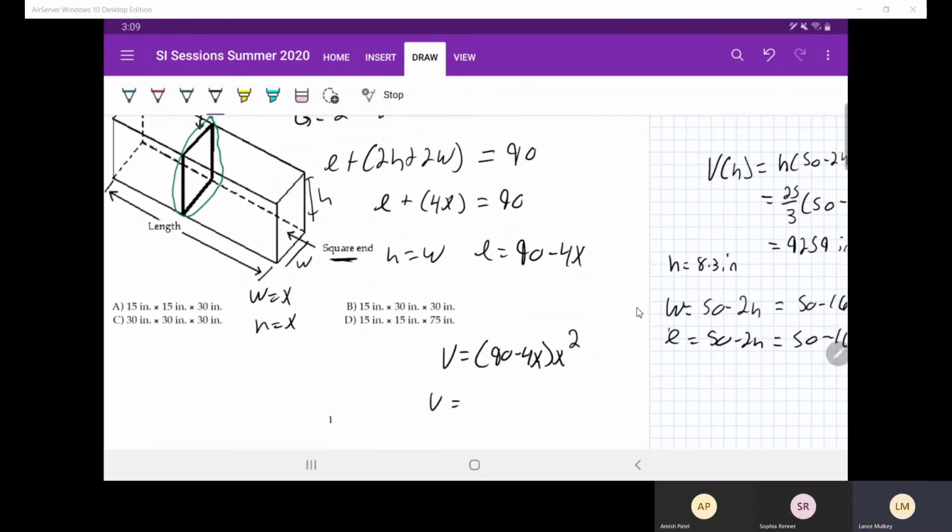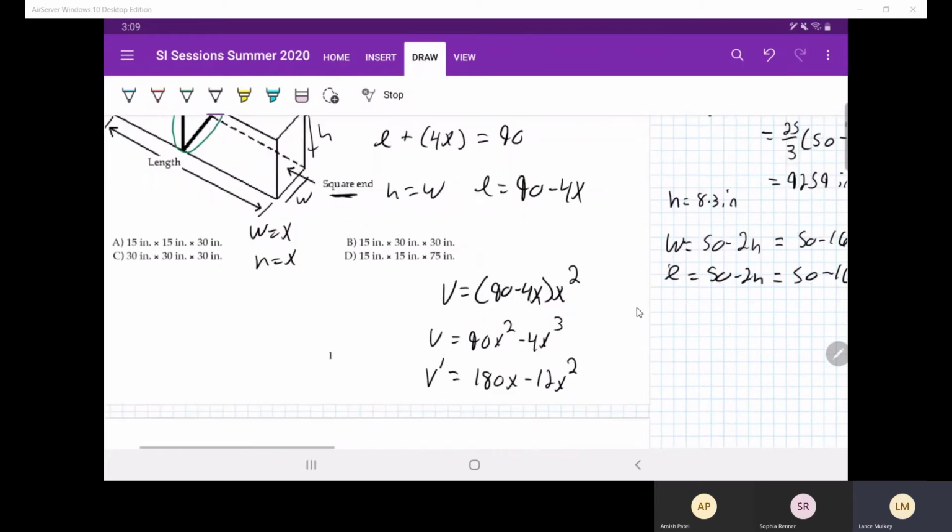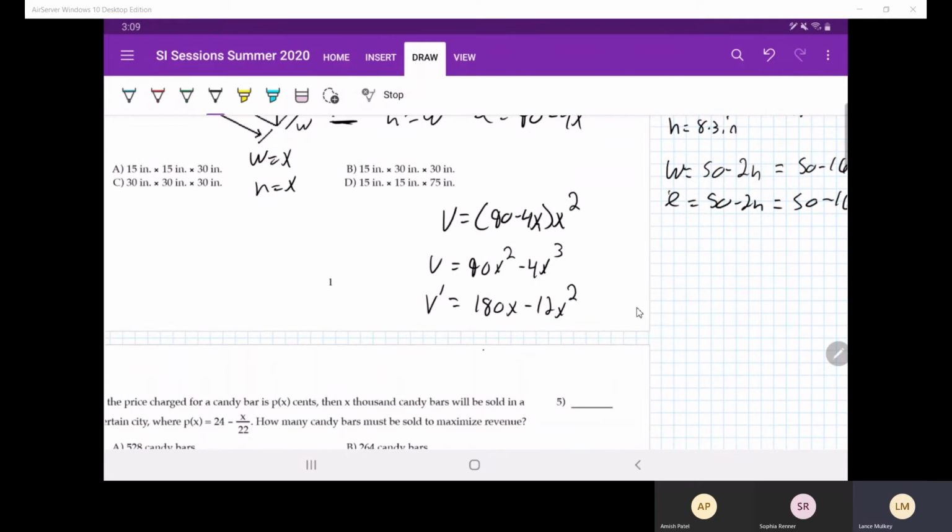So v equals 90x squared minus 4x cubed. V prime equals 180x minus 12x squared. So now negative 12x times x minus, 180 divided by 12 is 15. Yeah. It's minus 15 equals 0.